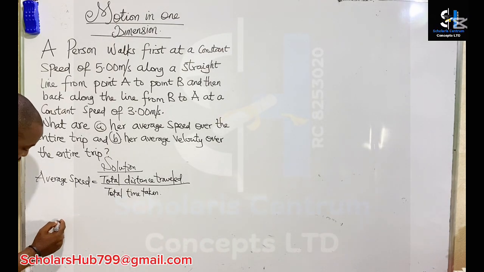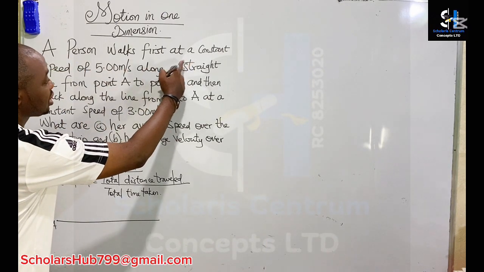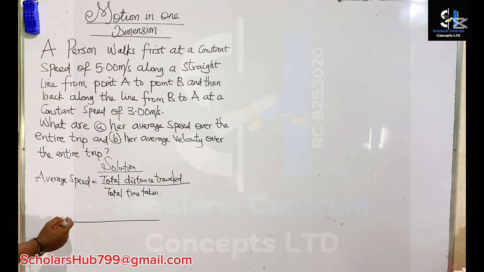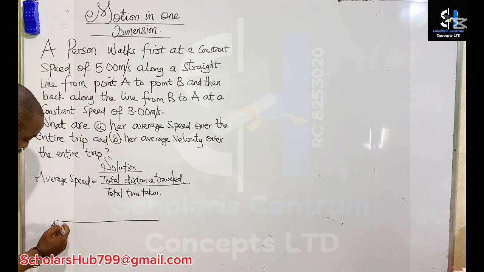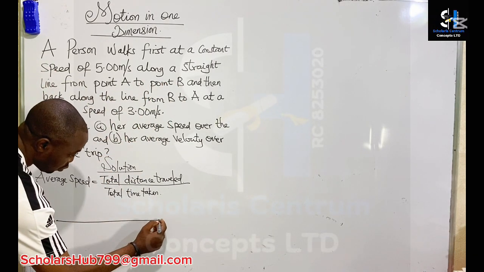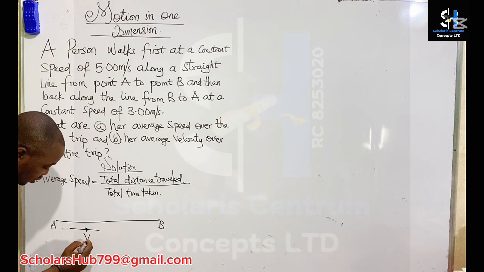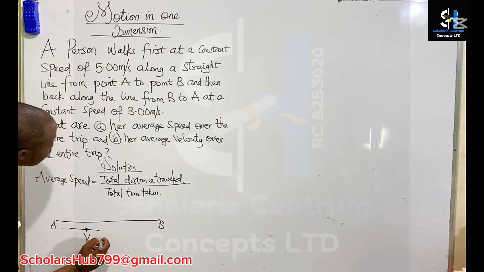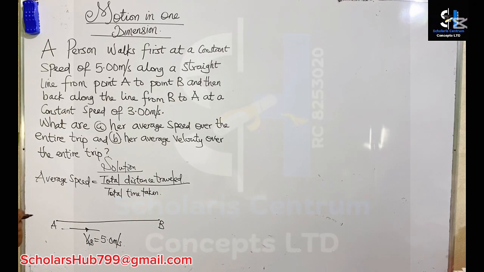Let's say the girl walks from point A. A person walks first at a constant speed along a straight line from point A to B. She walks from A to B at a constant speed, that is, at the same speed, and the constant speed from A to B is equal to 5.0 meters per second along a straight line.